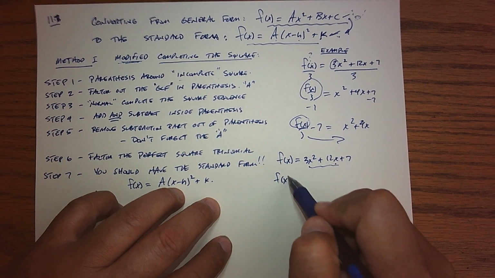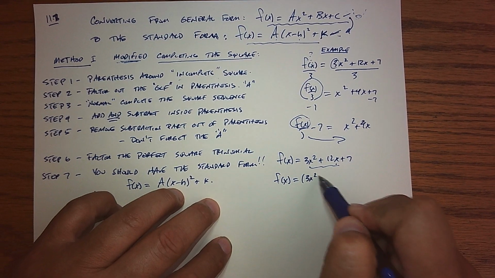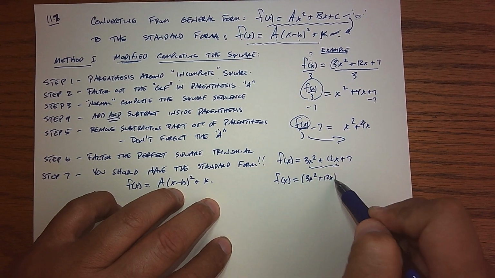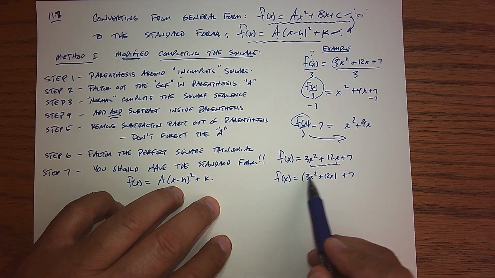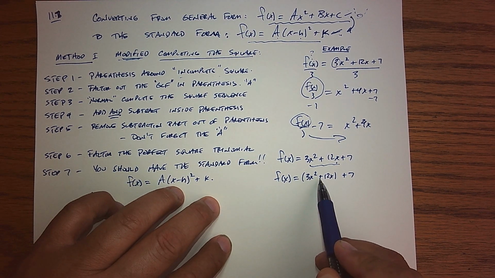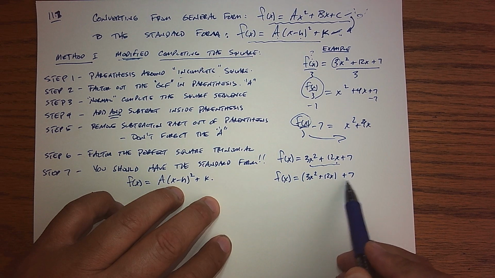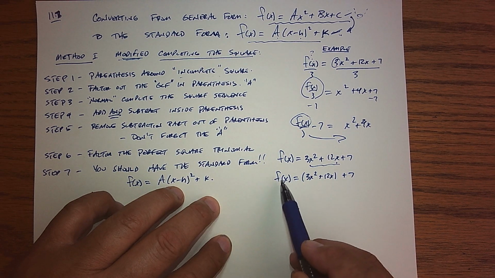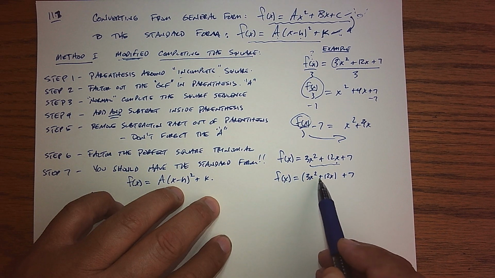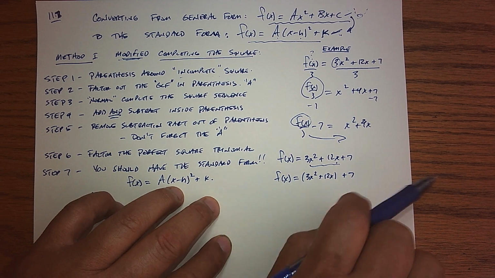So I'll begin this journey by putting some parentheses around the part that I'm interested in. So now what I've done is I've isolated the part that I want. This 7 is just kind of out there for the ride. And again, what we usually did is subtract it, get it over here so we can just concentrate on this piece. But we're doing everything on the same side.